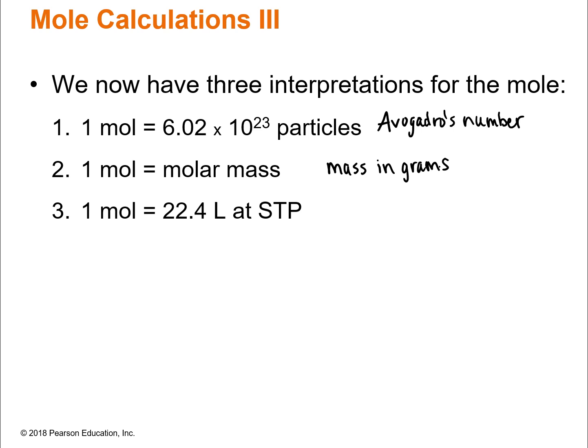And then we've got this special case for gases, where 1 mole of gas at STP is 22.4 liters. So just like how earlier we combined some of these different interpretations to go from the number of atoms to, say, the mass of those atoms, or the reverse, we can do the same thing with all of these.